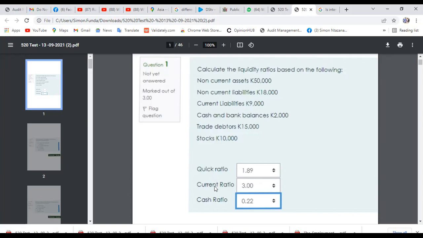So cash, debtors, stock, all these are current assets. So you add them together, then they make current assets. A vehicle is a non-current asset. Yes, a vehicle is a non-current asset.